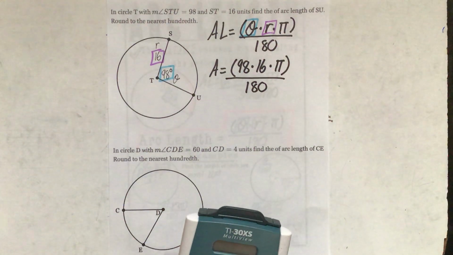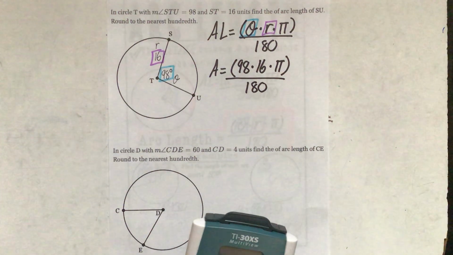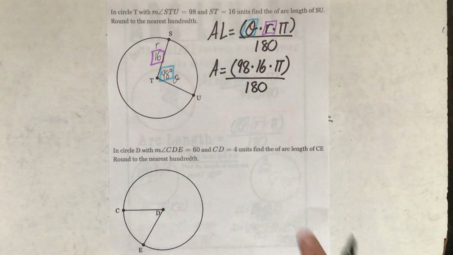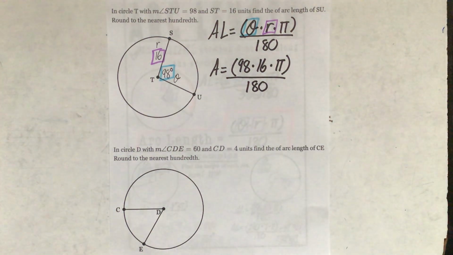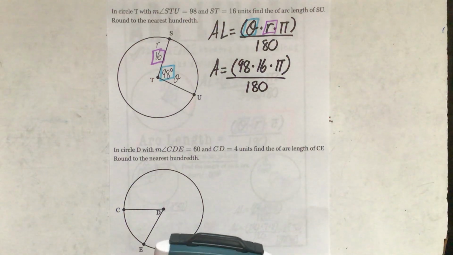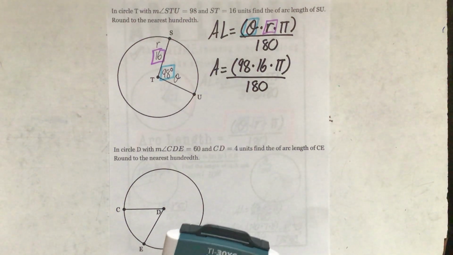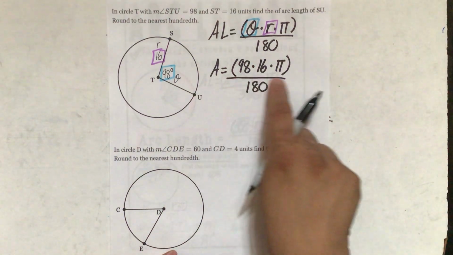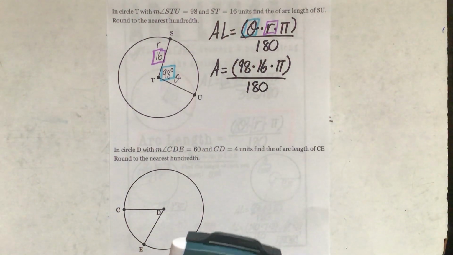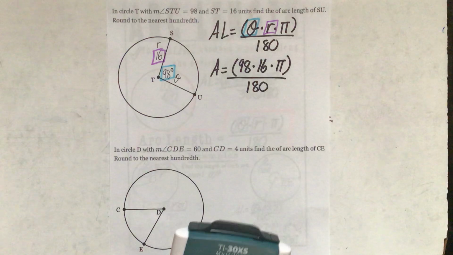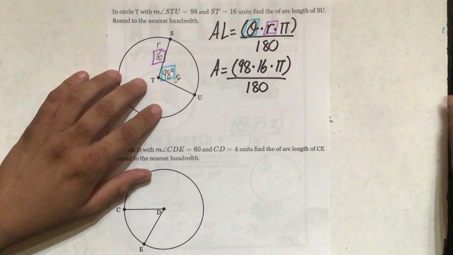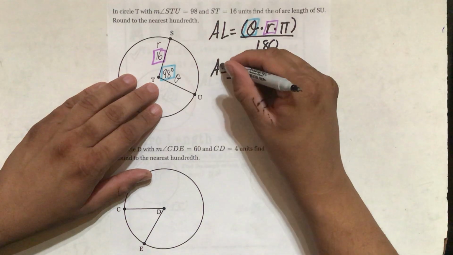Parentheses first, 98 times 16 times pi. Remember, pi is right under the 3. Then parentheses. You can't forget that. This line means divided by 180. And you get 27.366.